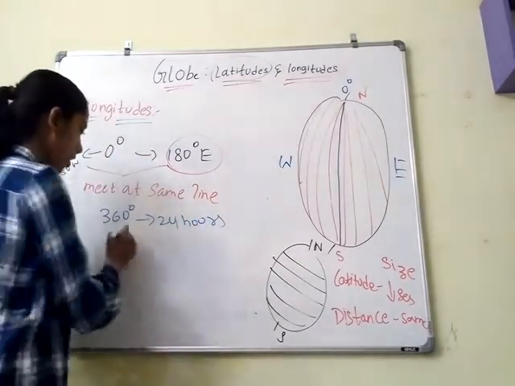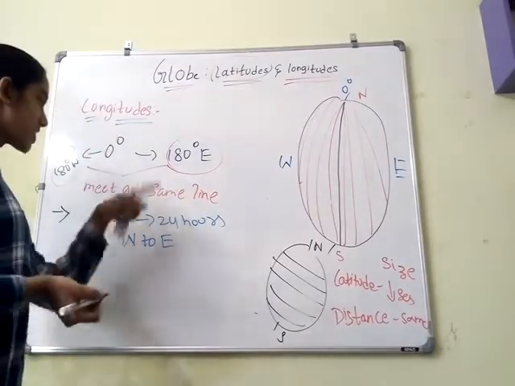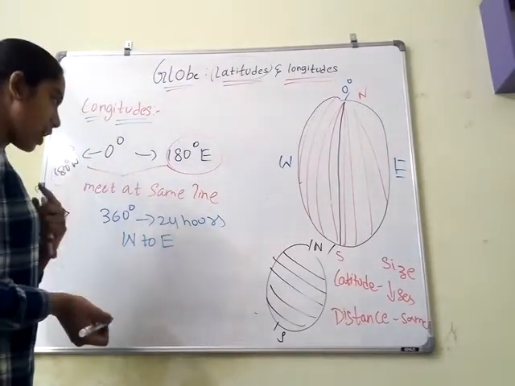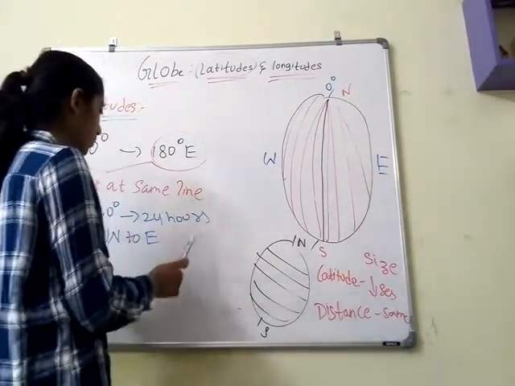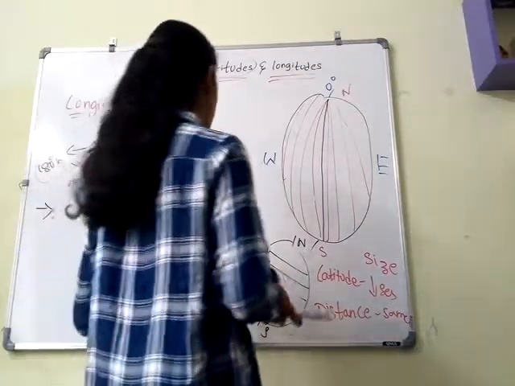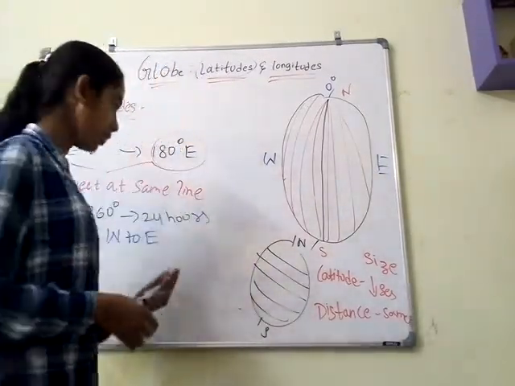It moves from west to east. So this is about 360 degrees, 24 hours, and west to east.